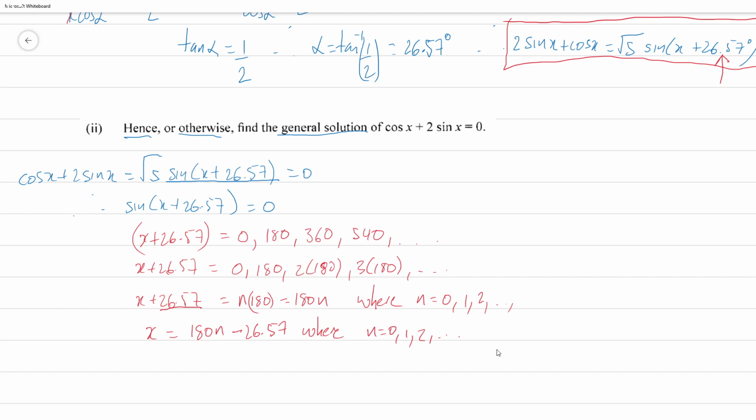So this is your general solution, because you are able to find this x value for different periods or different cycles of n. n is not confined between 0 and 360 or minus pi and pi. You're allowed to move on. So this, I would say, is the general solution. Okay, so let's continue.